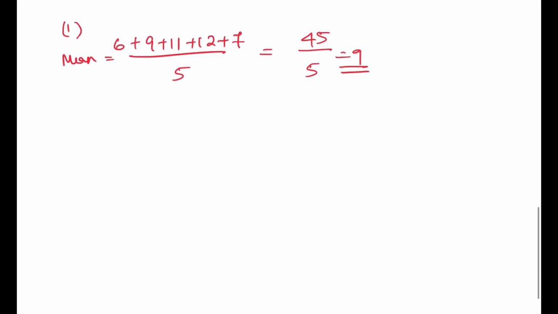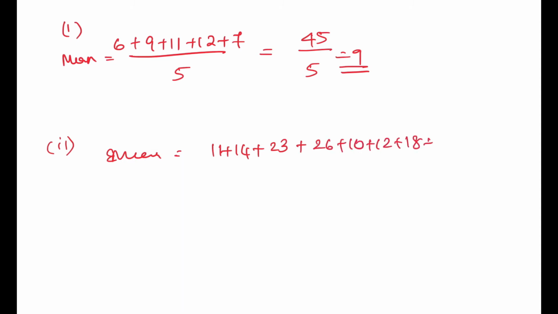Now in a similar way, how will you do the second sub question? Mean is equal to 11 plus 14 plus 23 plus 26 plus 10 plus 12 plus 18 plus 6, divided by 8, counting the numbers 1, 2, 3, 4, 5, 6, 7, 8.